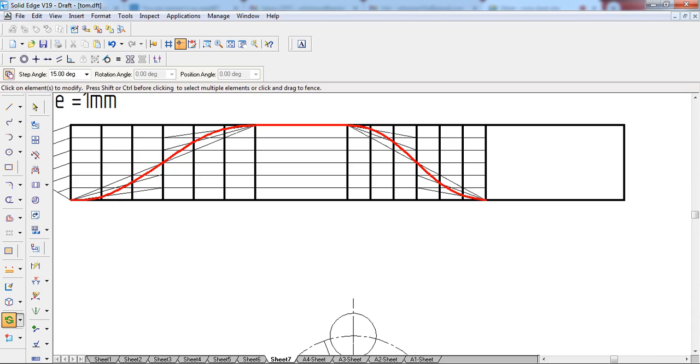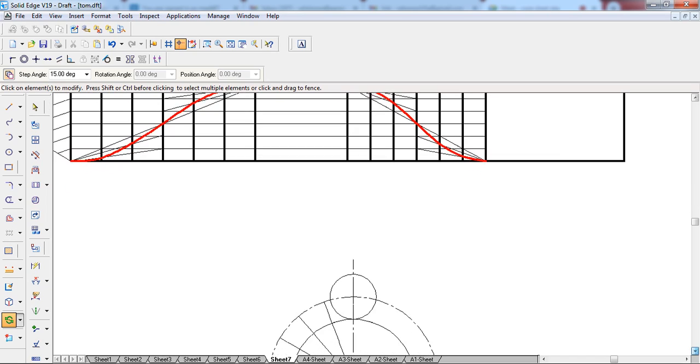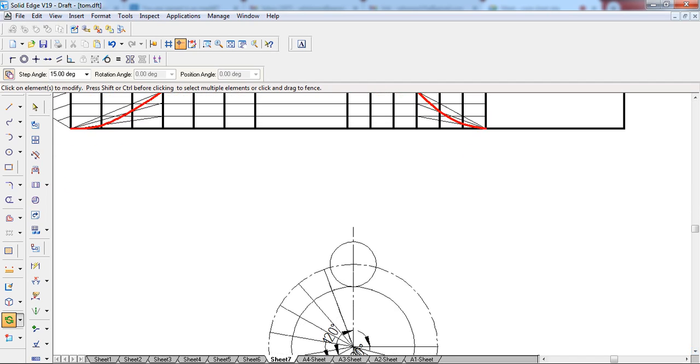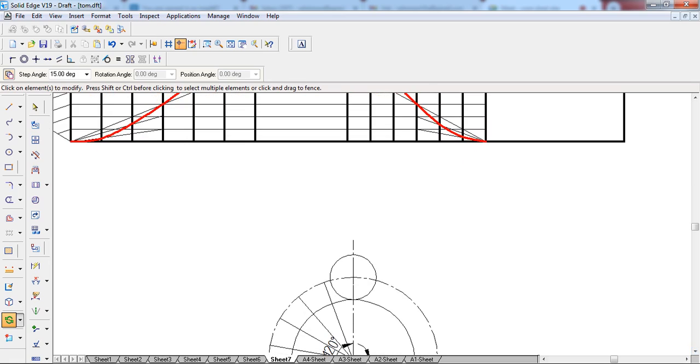So mark the distances from 1 to 1 dash, 2 to 2 dash, 3 to 3 dash, 4 to 4 dash, 5 to 5 dash, 6 to 6 dash. The maximum will be this distance, that is 25 mm. Mark these distances over here. Here also I will take the length.